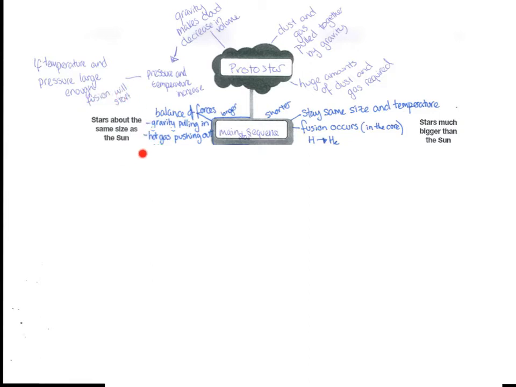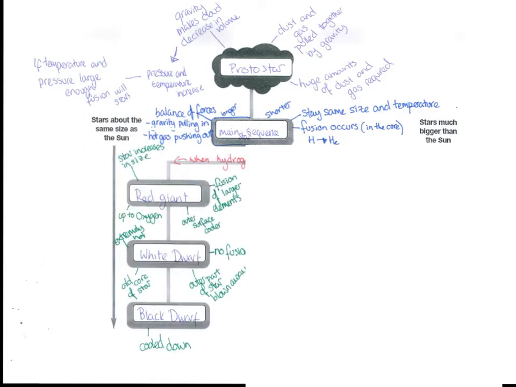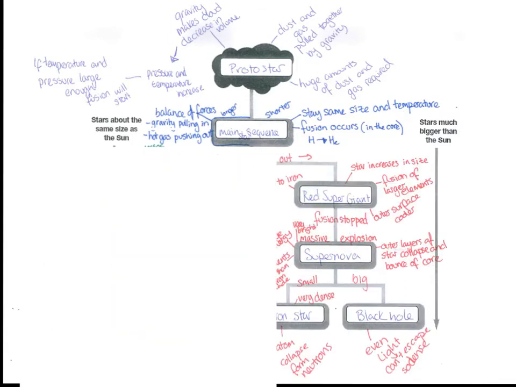If the star is about the same size as our sun, it will follow this part of the star life cycle. However, if the star is much bigger than our sun, as over here, it will follow this part of the star life cycle.